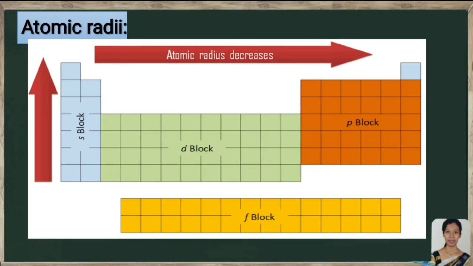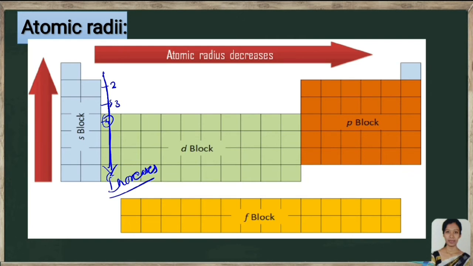The atomic radii decrease along the period as the differentiating electrons enter the same atomic orbital, whereas when we go down the group, atomic radii increase because of the addition of one more atomic orbital. Here we have a 2 orbital, here a 3 orbital, here a 4 orbital.